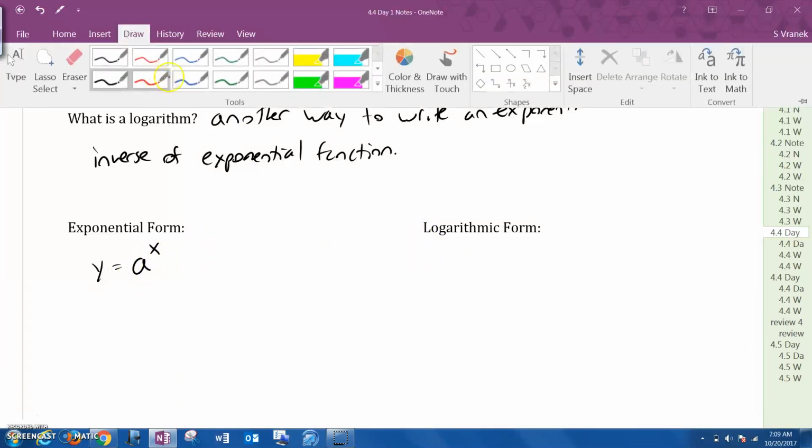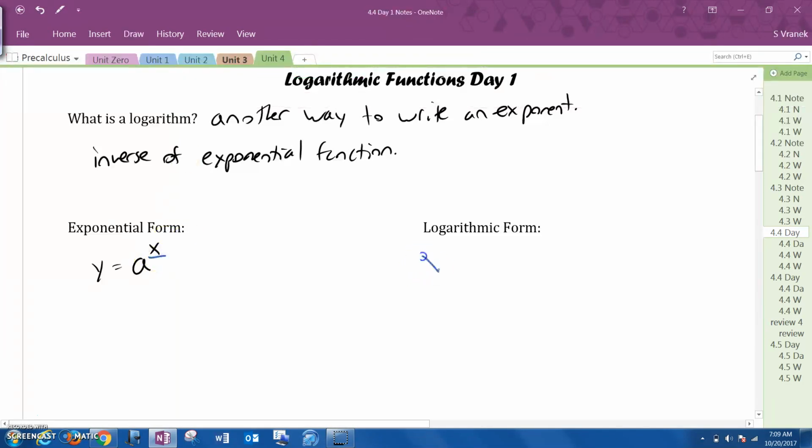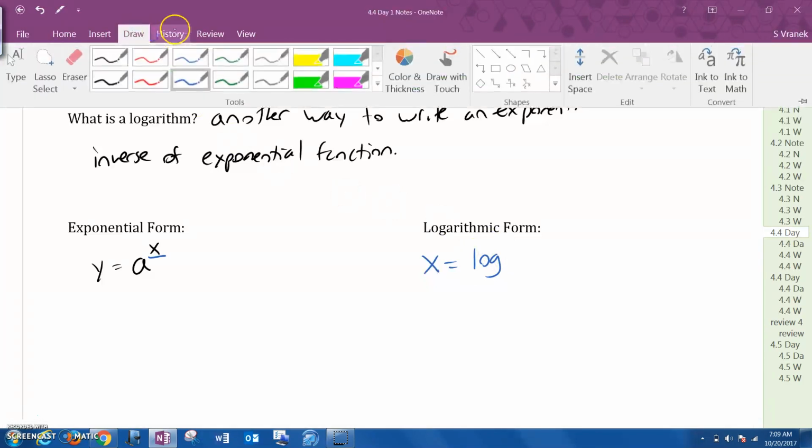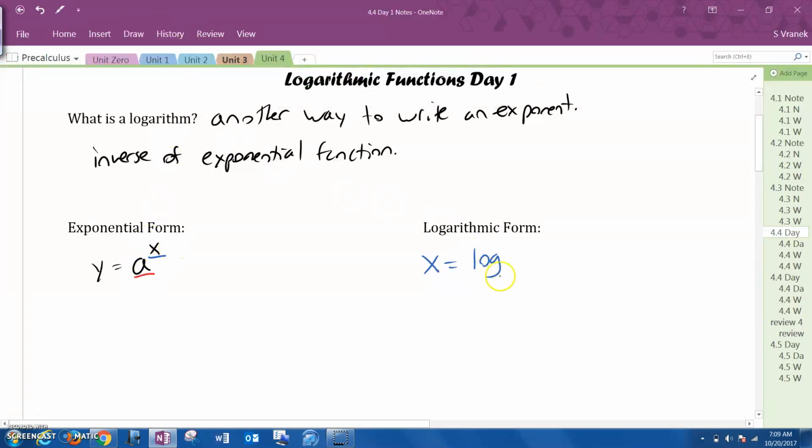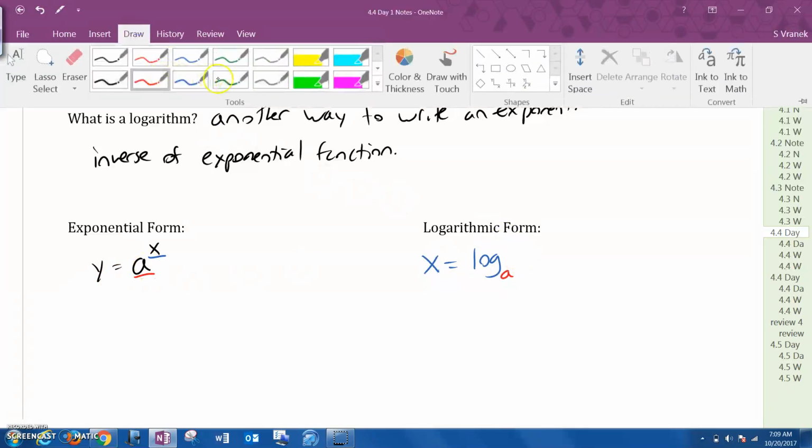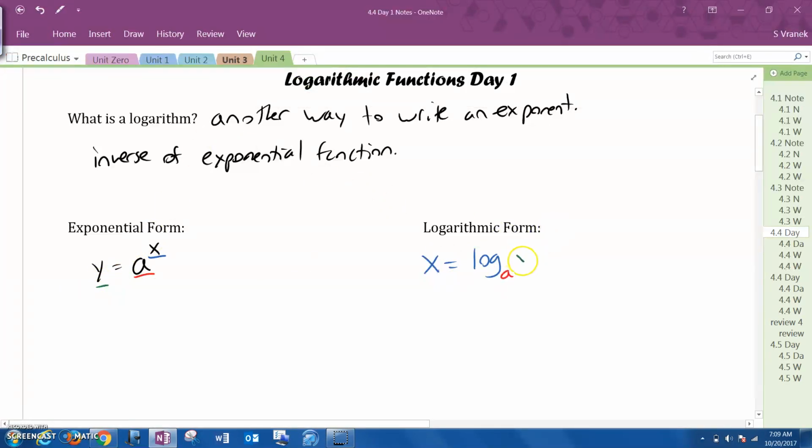The exponent is x, so it's x equals log, and then you put the base here, so the base is a, and then you put the final letter or number there, so y. You always equal it to the exponent, and then you write log base, whatever the base of the exponent is, and the other thing goes there.